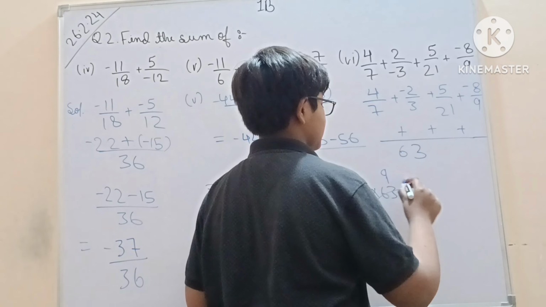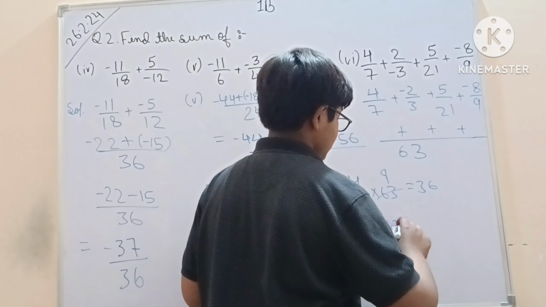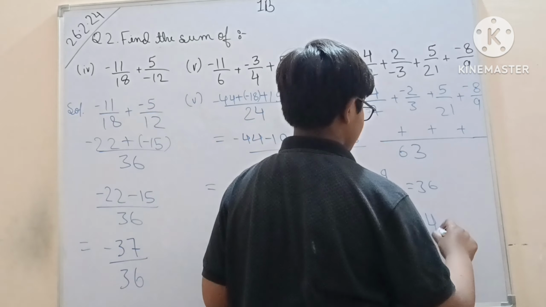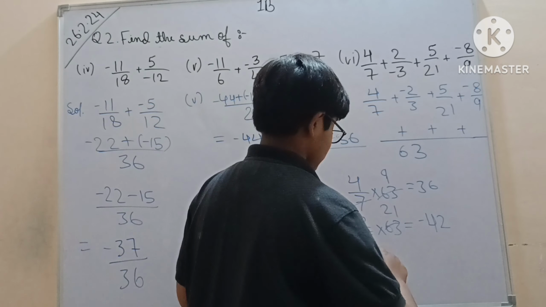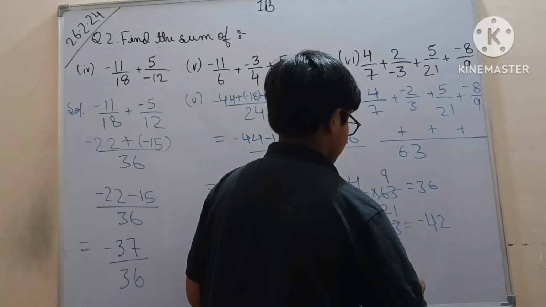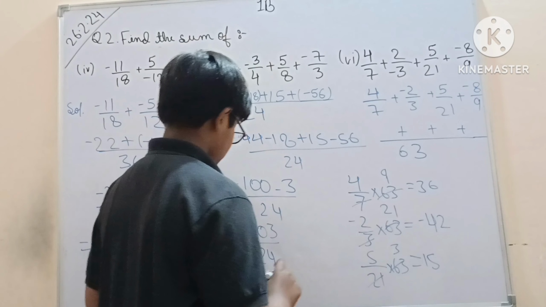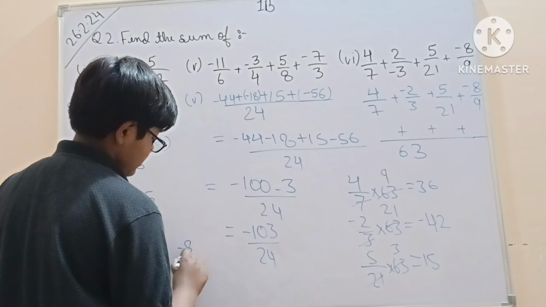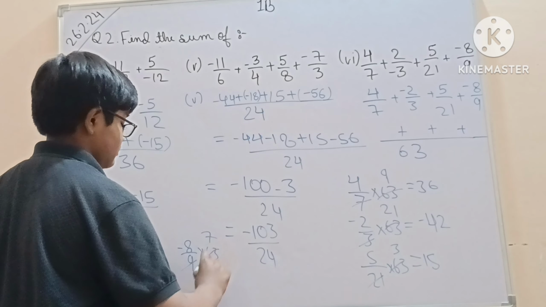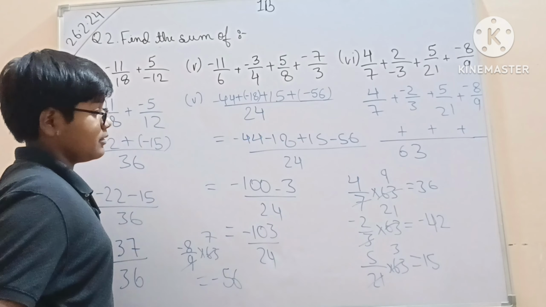7 9s are 63. 4 into 9 is 36. Minus 2 divided by 3 into 63 will become 21, which will become minus 42. 5 divided by 21 into 63 will become 3 here, it will become 15, and minus 8 divided by 9 into 63 will become minus 56.